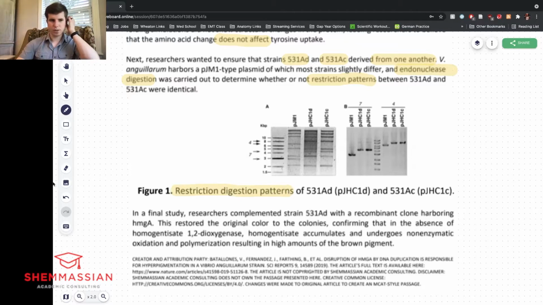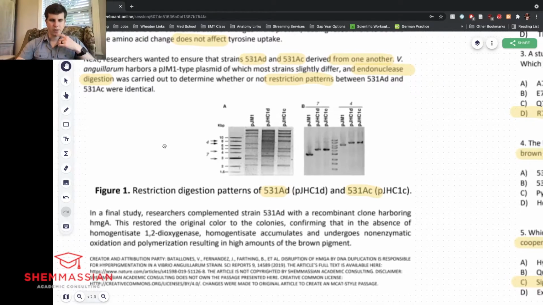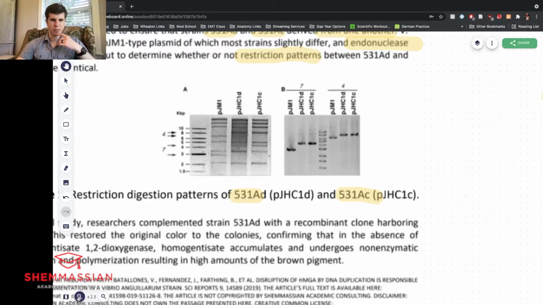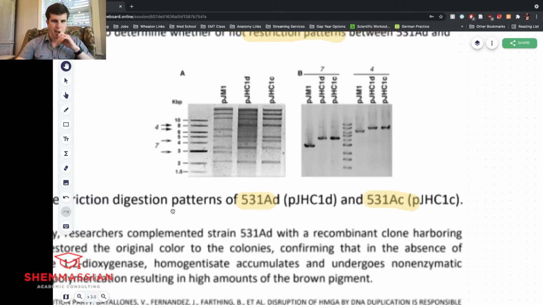So we're looking at this description of the figure. We're seeing restriction patterns of the two genes that we care about, 531AD and 531AC, and they're labeled as PJHC1D and PJHC1C. Let's zoom in a little bit further here, it's pretty small. We're really just going to want to compare these, because all we care about is whether or not these are identical to each other.